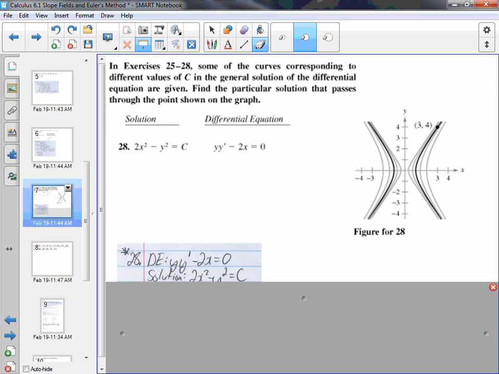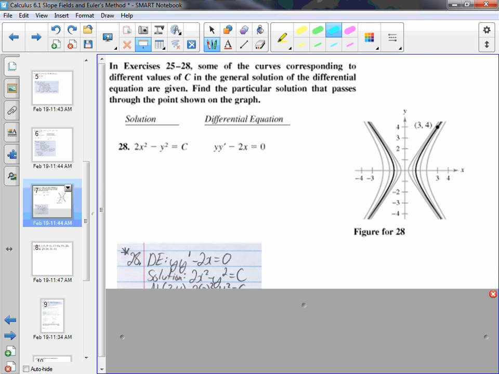So our differential equation is y prime minus 2x equals 0. Our solution, and in fact it's a general solution, is 2x squared minus y squared equals c. Now they even tell us that.